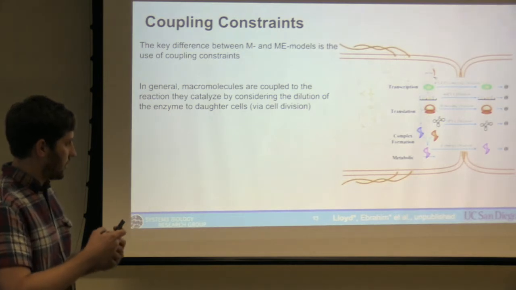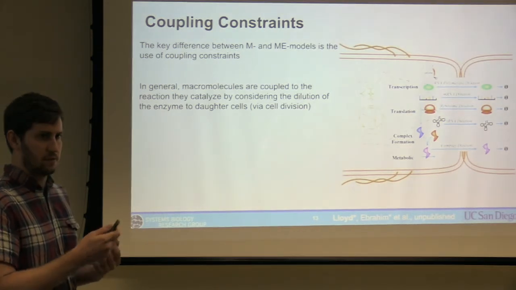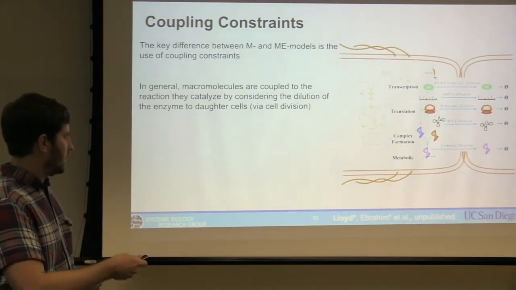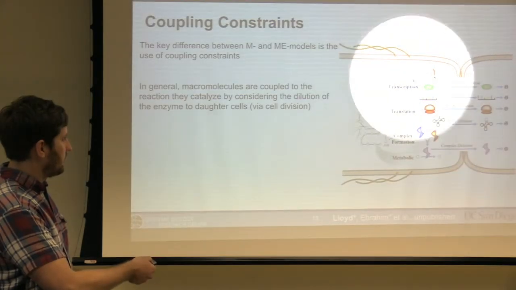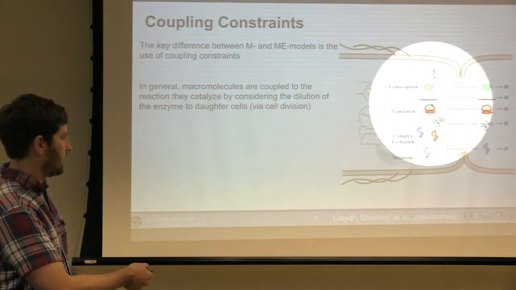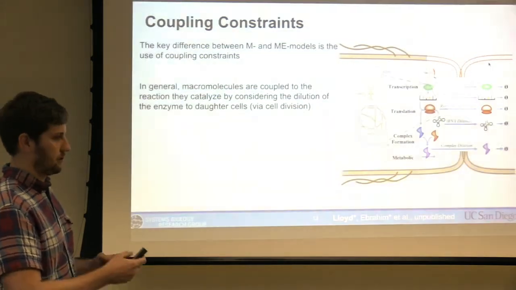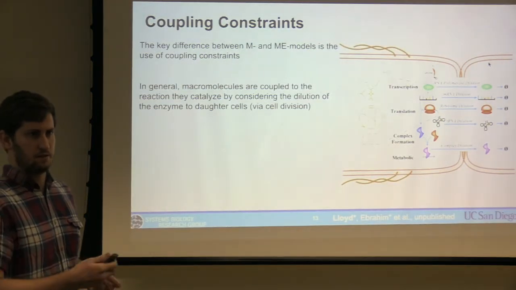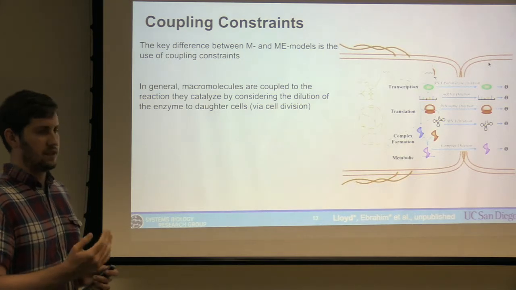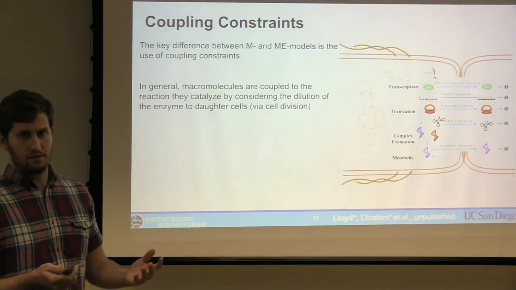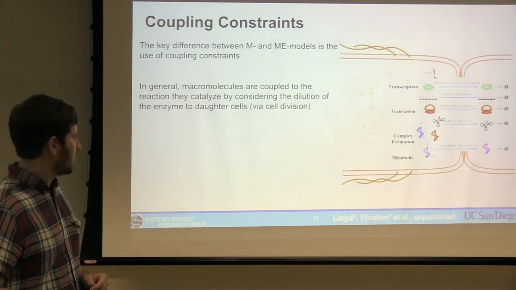As a strain or some type of organism is growing faster and faster, it's diluting all the ribosomes and major macromolecules to its daughter cells. Those are going to become lost as it grows, and you're going to have to synthesize more of those to make up for the dilution or depletion of those macromolecules.